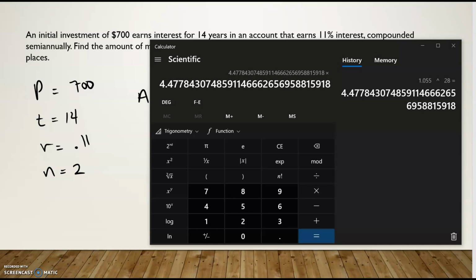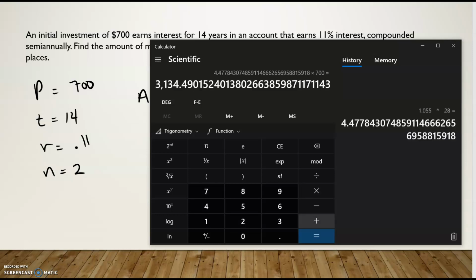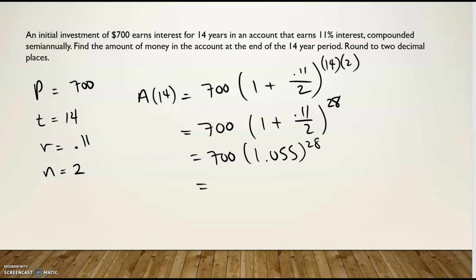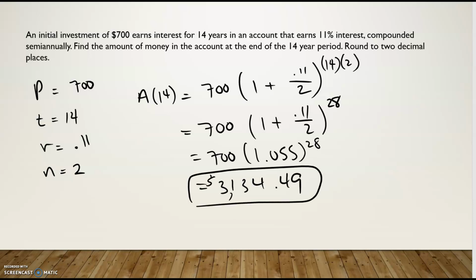And I'm going to go ahead and multiply times the 700. 3134.49, and there was a 0 after that. So it says round to 2 decimal places, so that will be my final answer right there. So that's how much money should be in that account when you invest $700 for 14 years at an interest rate of 11%, compounded semi-annually. It'll be this right here.